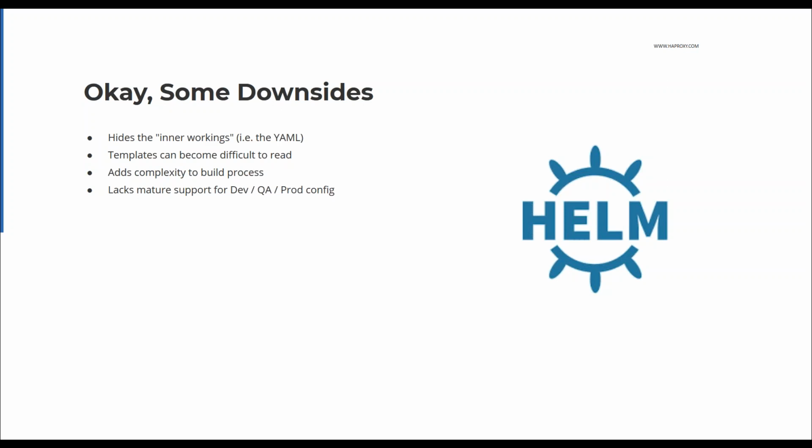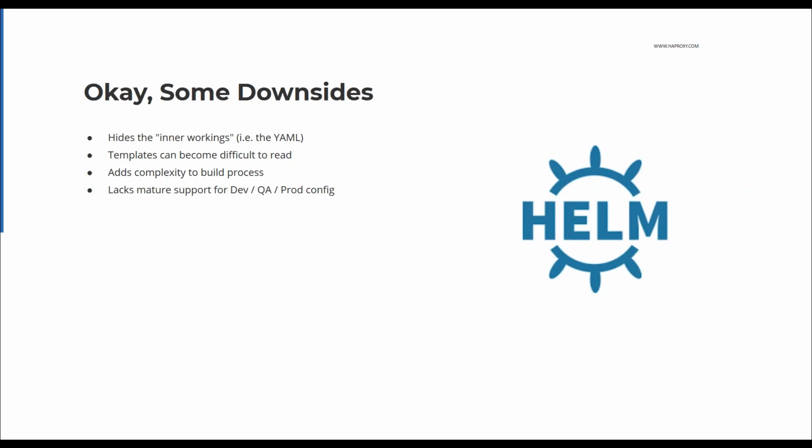It adds complexity to your build process. So you're probably already familiar with a build process that already has quite a few components. You probably have to check your code out of Git. And then if you're building a Docker image, you potentially have to host your own Docker registry if this is an image that shouldn't be public.